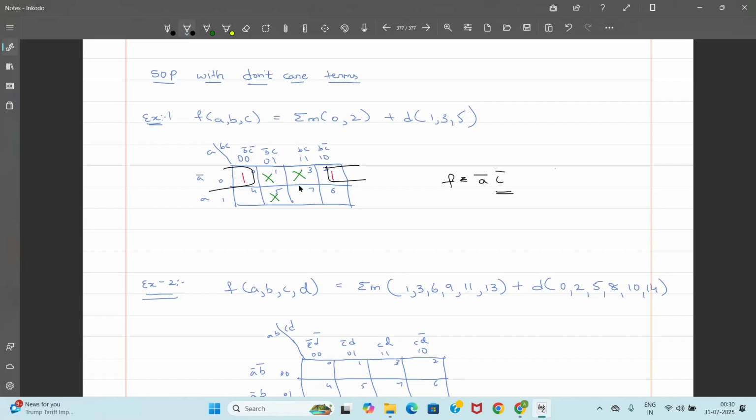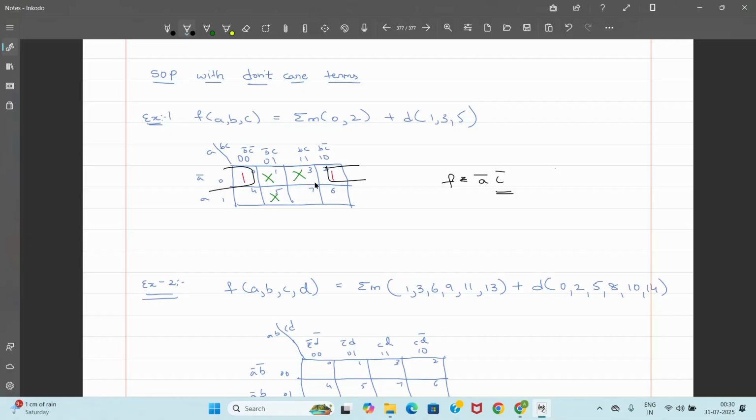Correct? But now in this question, apart from the regular min terms, they've given you don't care terms. So what you can do is you can take the help of this don't care and you can make a group of higher number of ones. You know, this X can be either a 0 or it can be a 1. You don't know, right? You don't know whether it is a 1 or a 0.